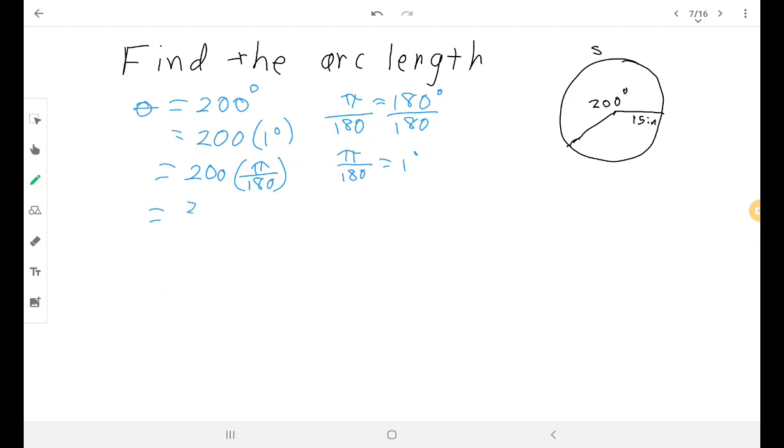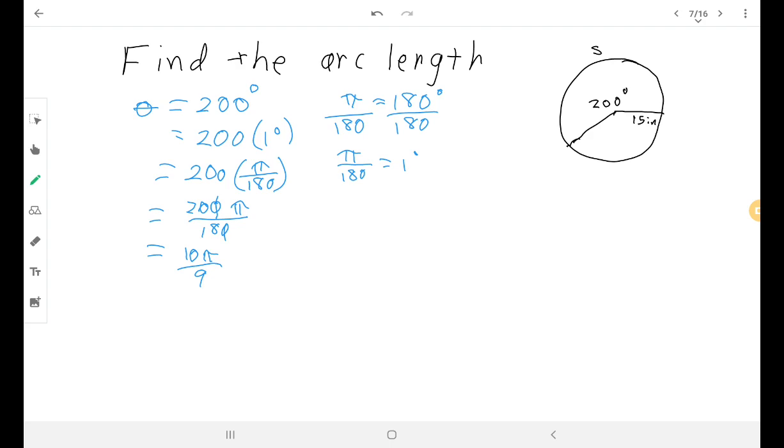So then I have 200 pi over 180, and I can concentrate on reducing that fraction, and I can divide them both by 10 and just cut out that 0 there. And then 20 over 18 can reduce by 2 to 10 pi over 9 radians.